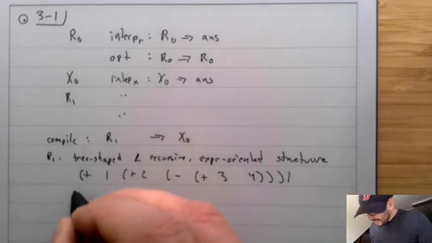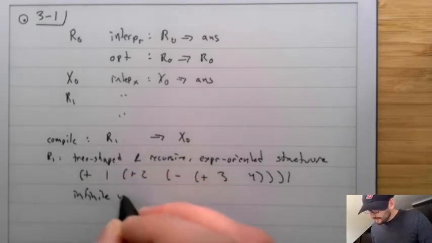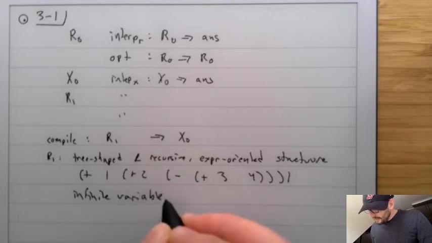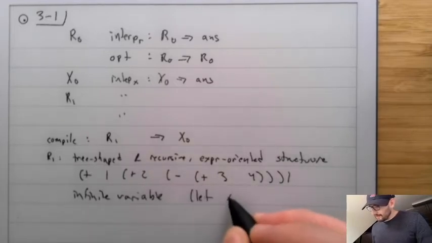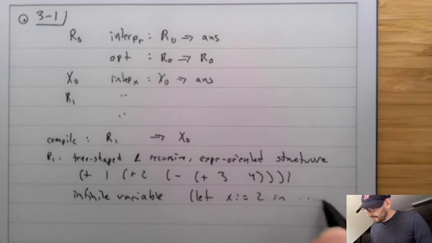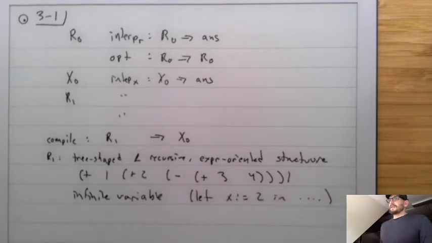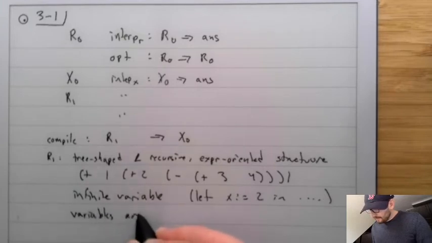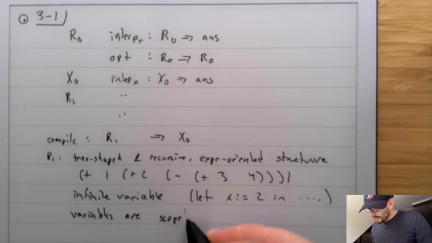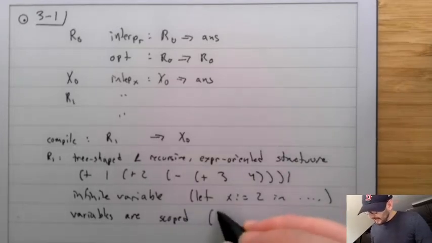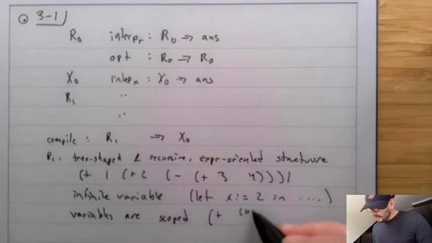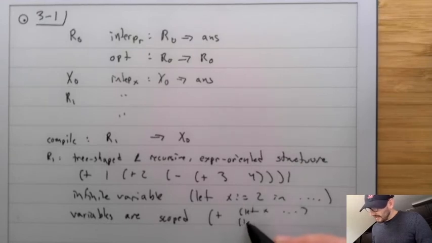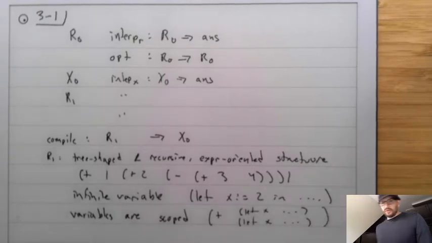Similarly, it has an infinite number of variables because we can use let as many times as we want. Finally, variables are scoped. Now what I mean by scoped is that we can have an addition where on one side there's a let x, and on the other side there's a let x. And these two x's don't conflict with one another. We don't mix up one for the other.